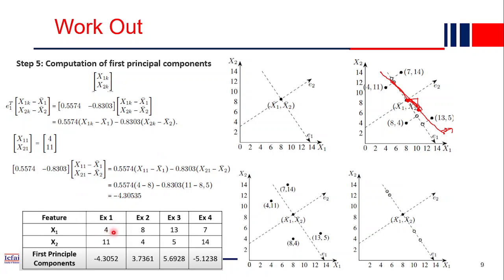For the first point, x1 is 4 and x2 is 11, right? And the mean values we already calculated: 8 and 8.5, if you recall from the first slide.